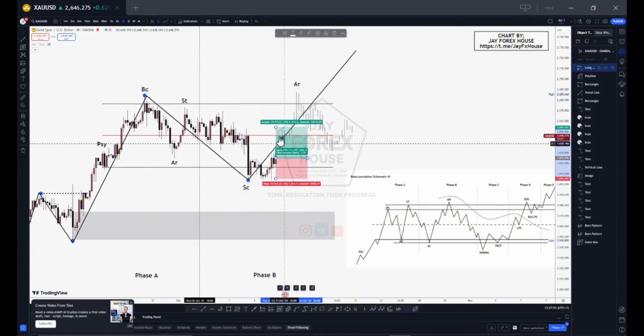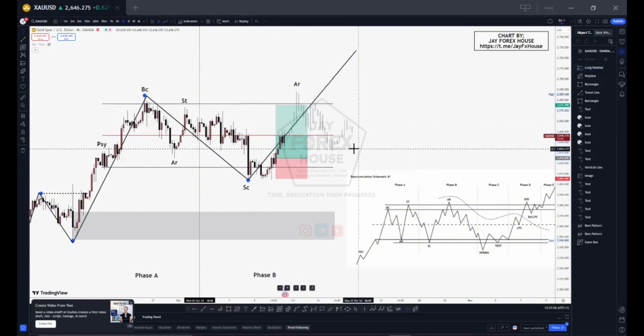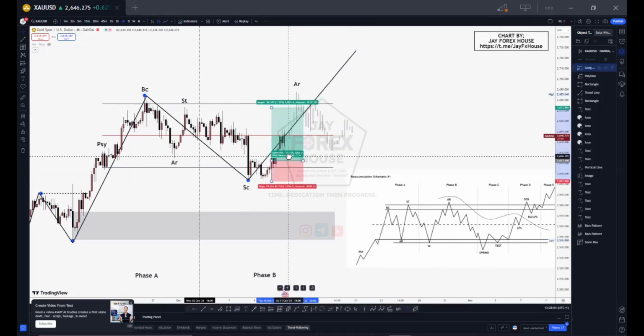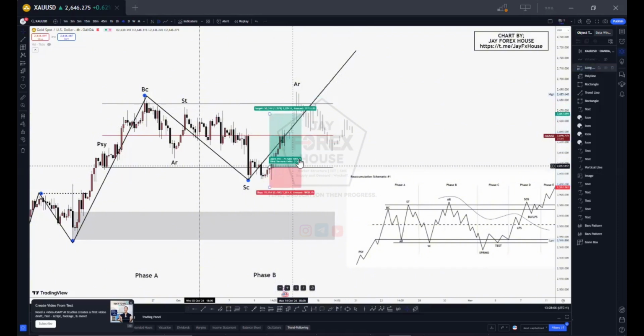You can have something from here and have this as your take profit. It's all based on how patient you are and how your risk management and trading plan is. But you can basically trade any part of the Wyckoff schematic you find yourself in at the moment.